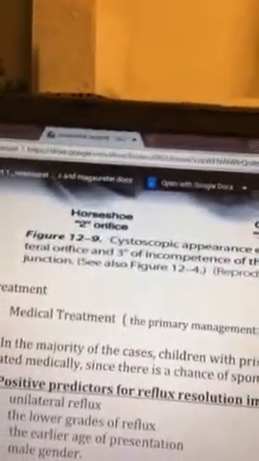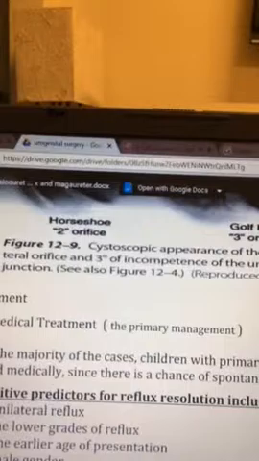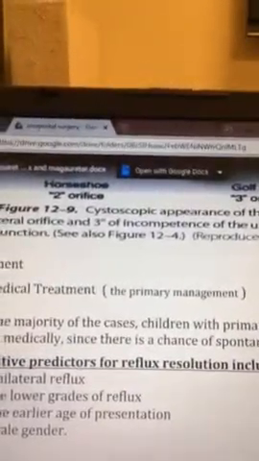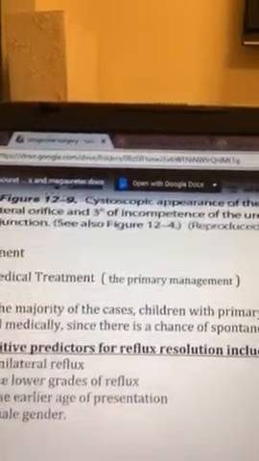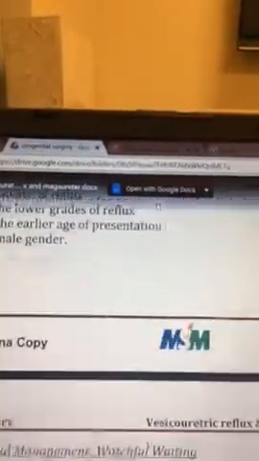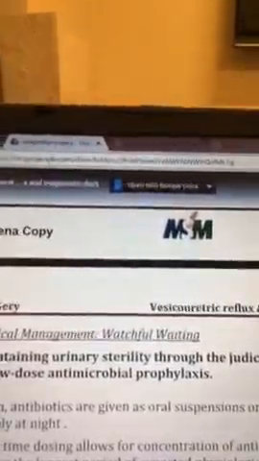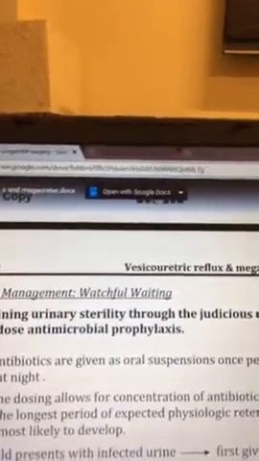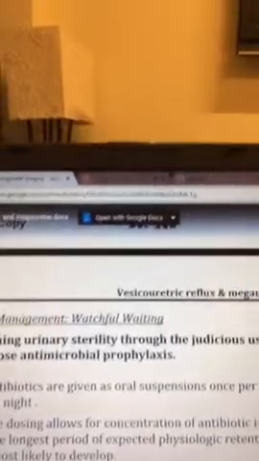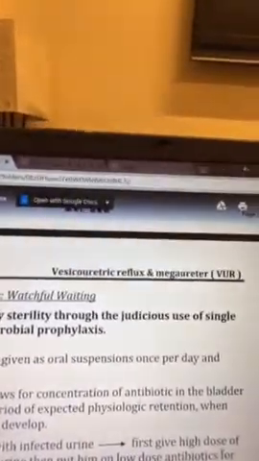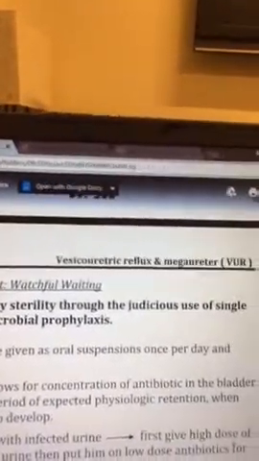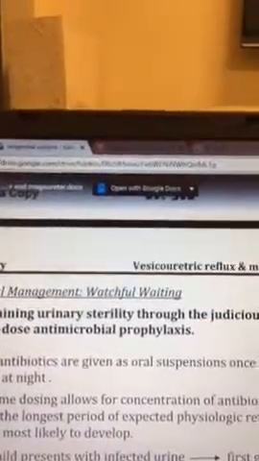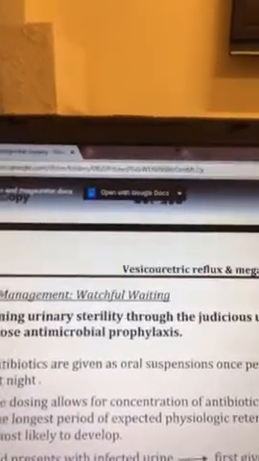Positive predictors for reflux resolution include unilateral reflux, lower grade of reflux, early age of presentation, and male gender. The medical management is watchful waiting, maintaining urinary sterility through the use of a single daily low-dose antimicrobial prophylaxis.